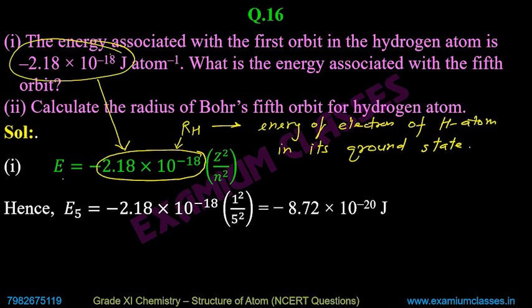The Rydberg constant in this particular formula is the energy of the electron of the hydrogen atom in its ground state. Why? Because Z is 1, n is 1. So this factor is actually just 1. So whatever you get is the energy in the first orbit.